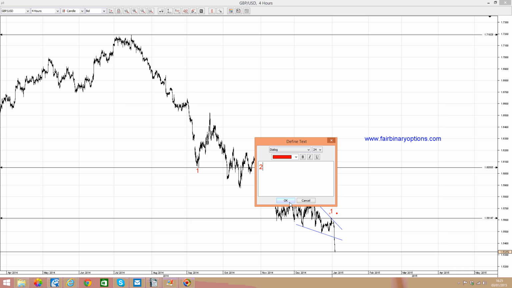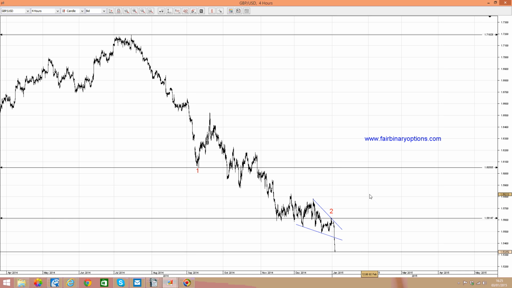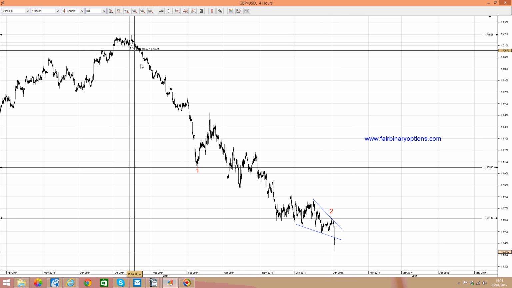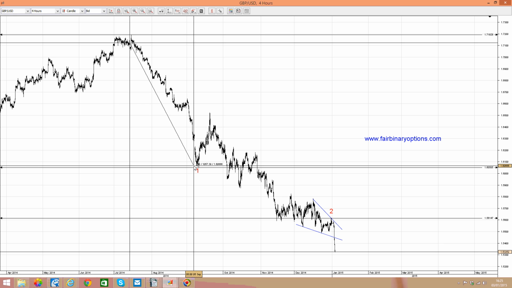Now the problem with this third wave to come is that it needs to be more than a 161.8 extension when compared with the previous first one. As you can see, the angle here is even steeper than the previous first wave.